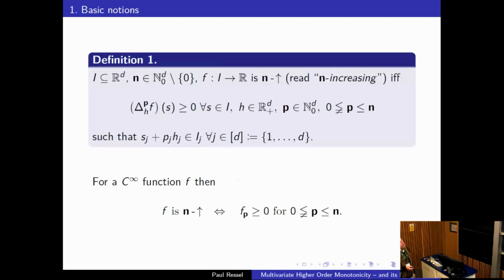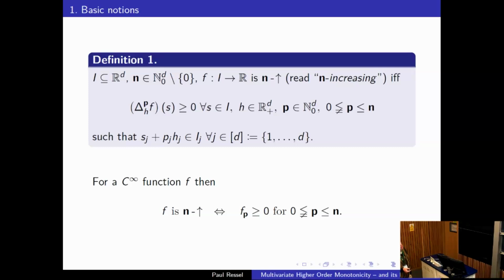Well, the main definition to start with is this one. We have such an interval. We have a vector n, which is not the zero vector, and I say that the function on this product of intervals is n-increasing, n being this vector, if all these differences are non-negative for every s in the interval, for every h, for every p which is below n but, and it's important, not zero.